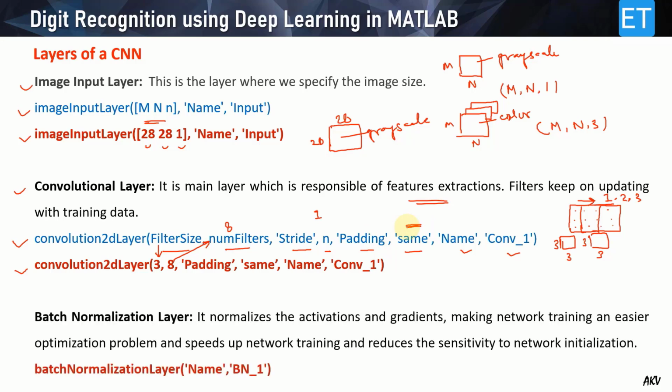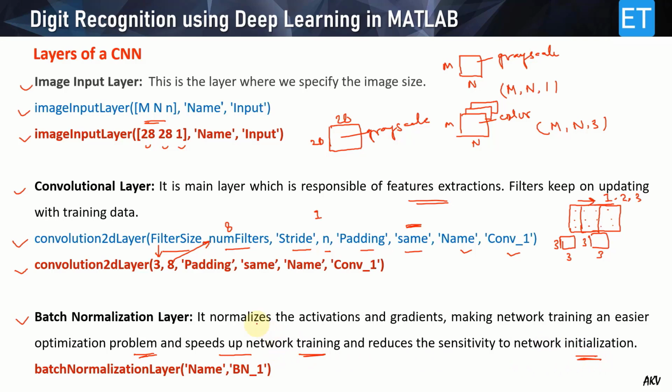Okay. And next is the batch normalization layer. It normalizes the activations and gradients, making network training an easier optimization problem. It also speeds up network training and reduces the sensitivity to the network initialization.